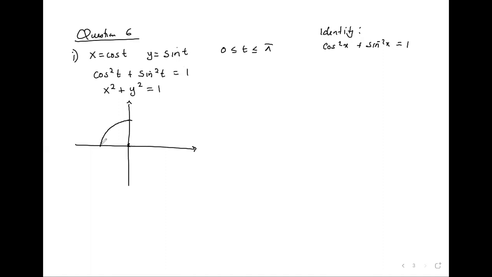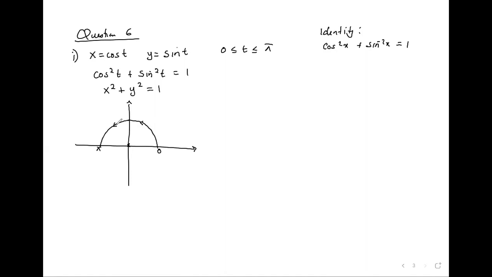Now we're told from 0 to pi. So just sketch the upper part. It would have gone the whole way down if it was from 0 to 2 pi. But this one is just from 0 to pi. So of course its direction is anti-clockwise.